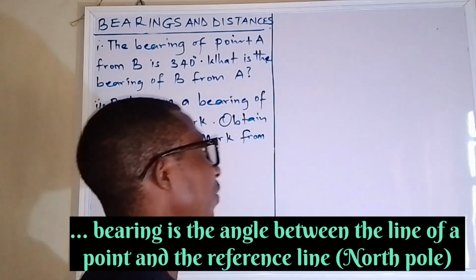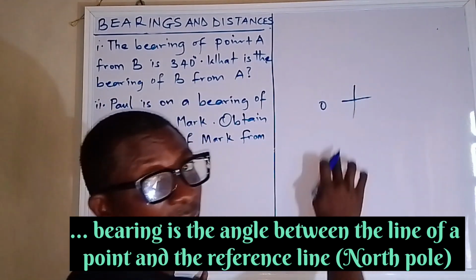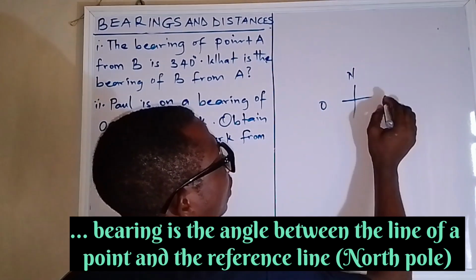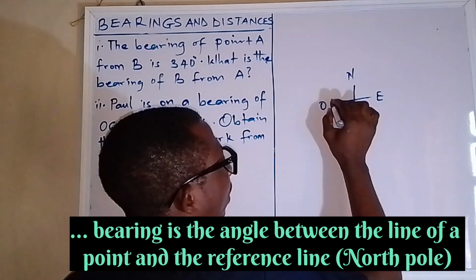And let's look at it. If we have an origin, let's say O, where we have the North Pole, the east pole, the south, and the west.